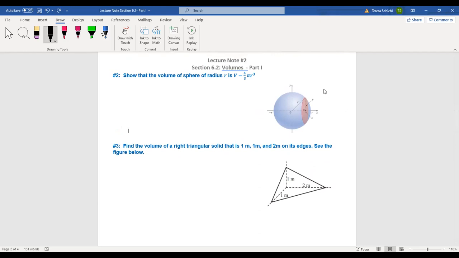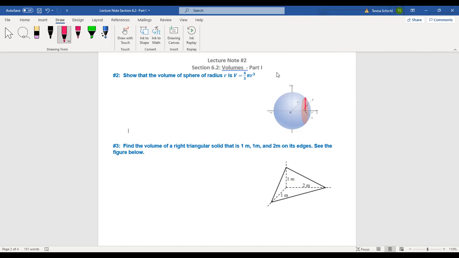The first thing here, I already drew it. This is what I'm slicing: I'm slicing this sphere. Every time I slice it, what do I come out with? Circles. This little pink one will be my circle, my little disc. This part is my R, the radius of the sphere. I put the x-axis here, y-axis here.